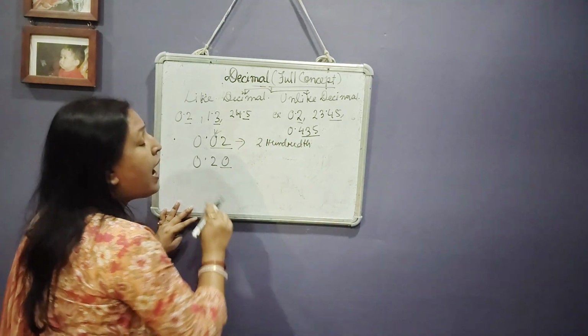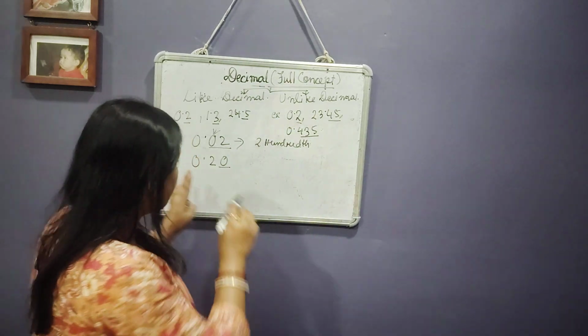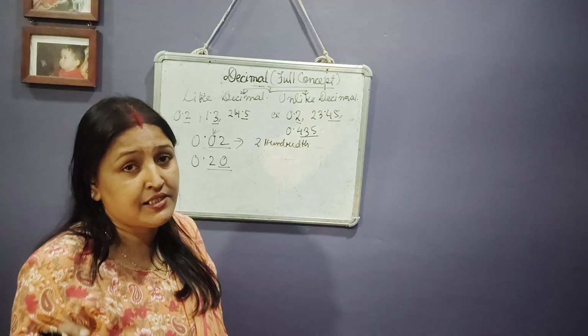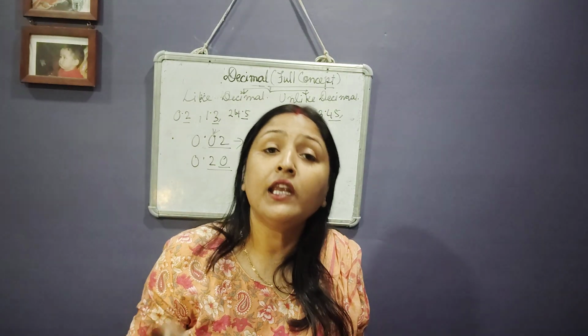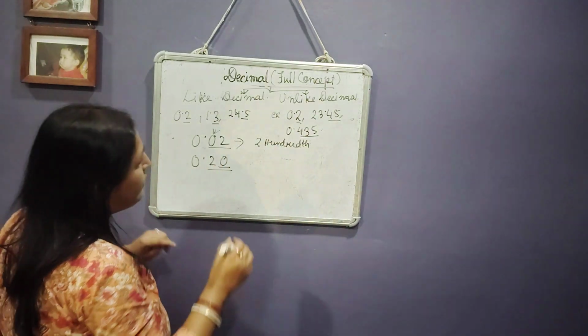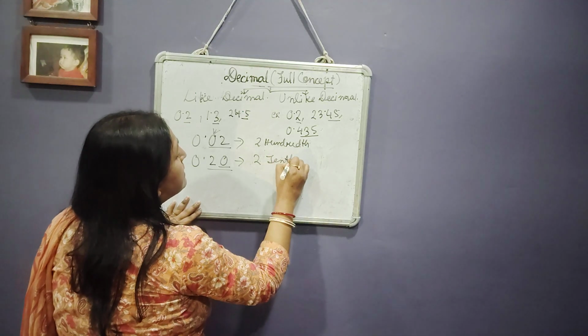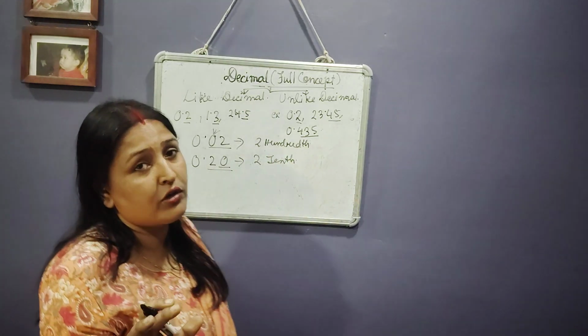But 0 after a digit in a decimal part does not have any value. So how will you read this number? It will be 2 tenths. So this is a very important thing.